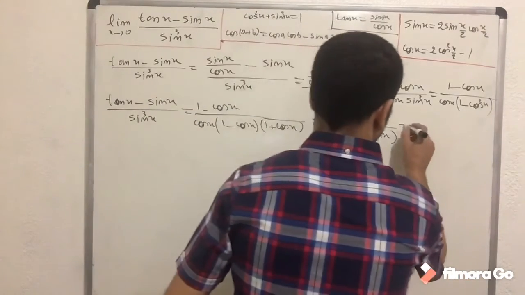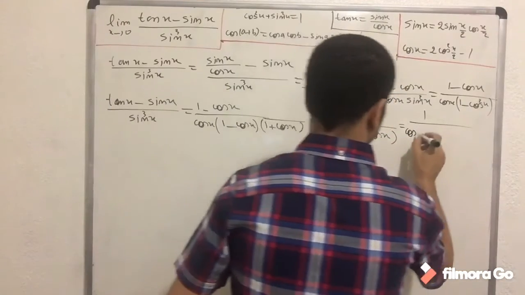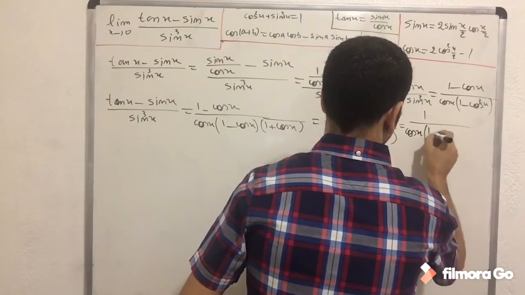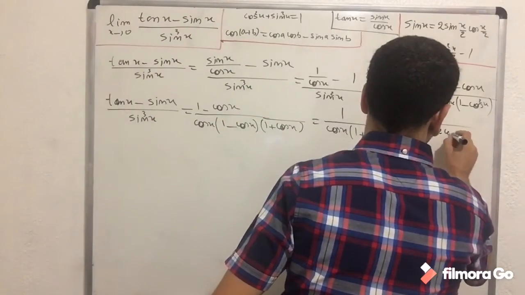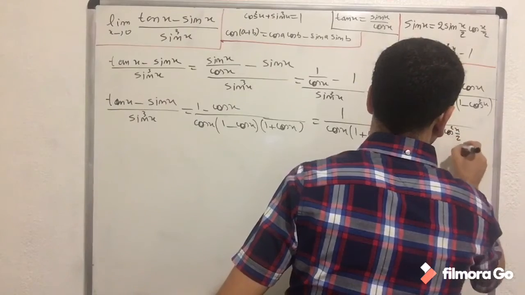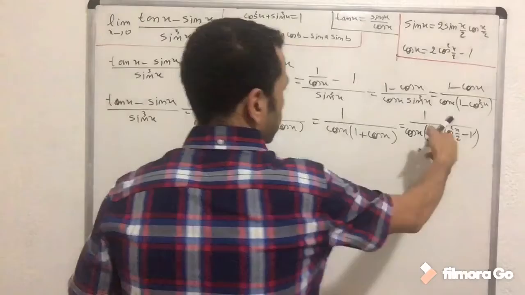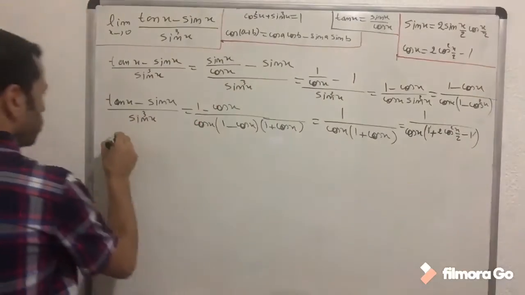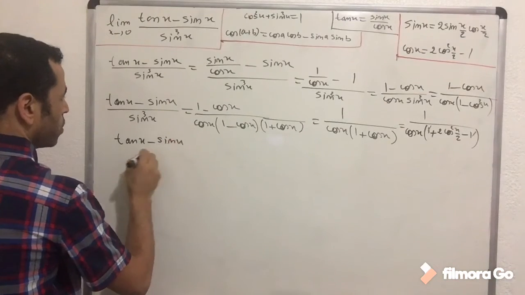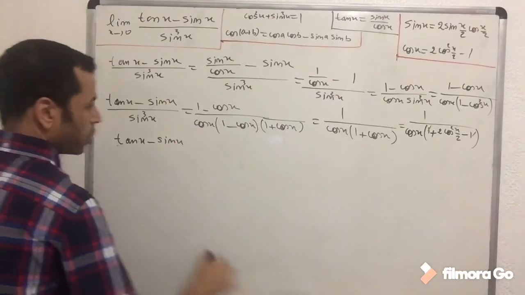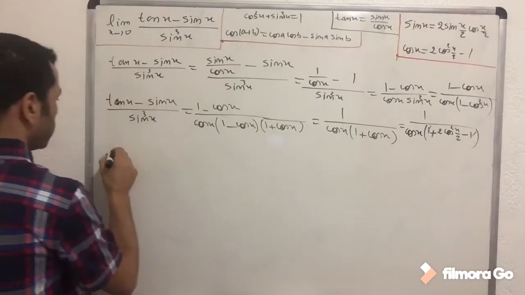Okay, let's plug in. This one is giving us cosine x, 1 plus, plug in this one: 2 cosine square of x over 2 minus 1. Subtract 1 by 1, they cancel out. So your fraction, tangent x minus sine of x over sine cube of x, let's put it as a limit to make it easier, because we are calculating limits.